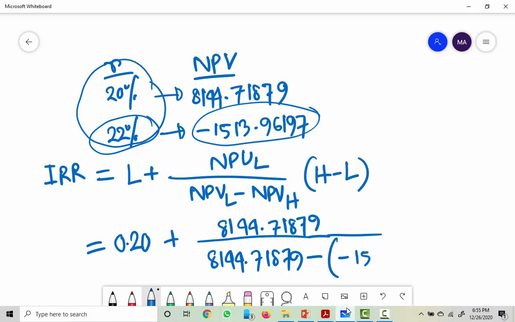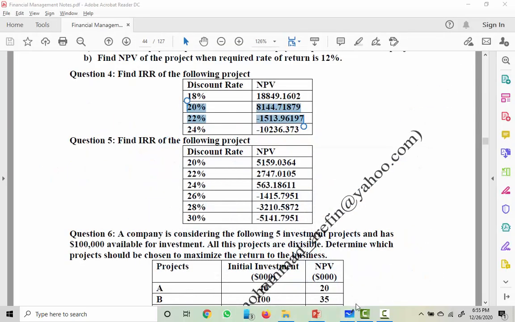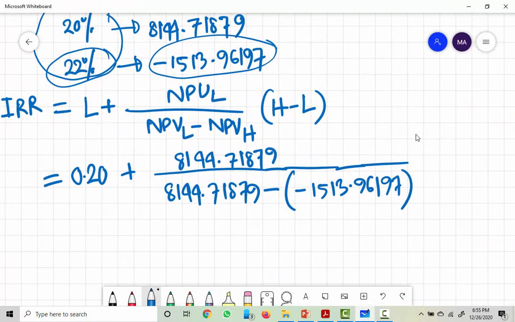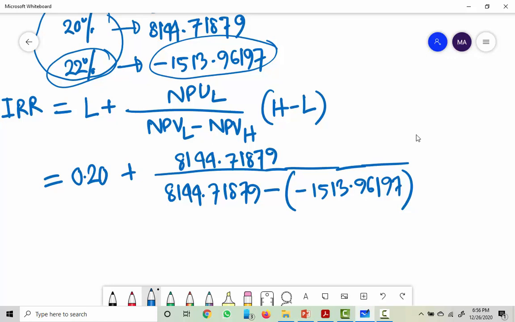So minus 1513.96197. Now then multiplied by H minus L, higher rate minus lower rate. Higher rate is obviously 22%, and the lower rate is 20%.